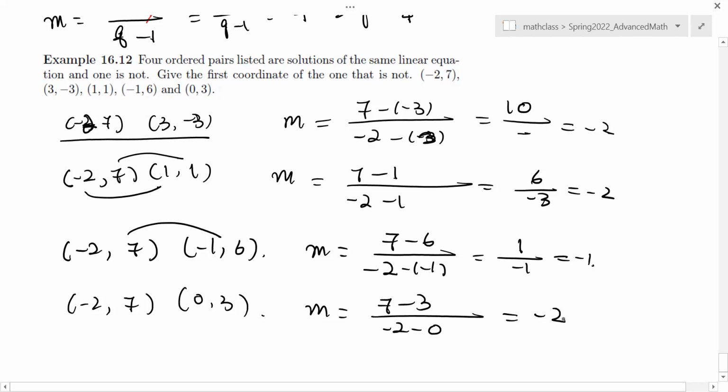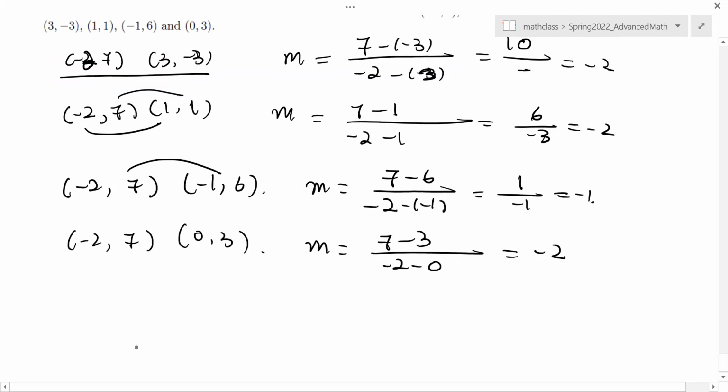So clearly, 1 point is not on the line because this is a fixed point, right? And then they have another point, 3 and -3, and the slope is -2.